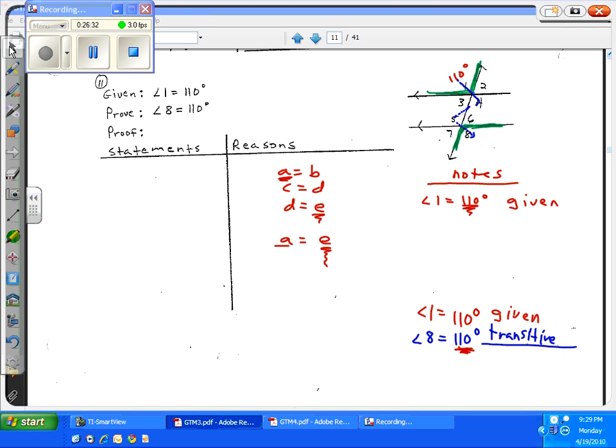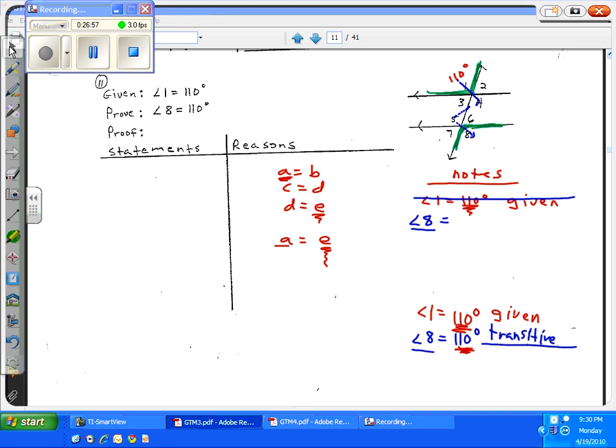So if I'm going to prove it by transitive, then what I need to do is end up with the 110, and I need to start with the angle 8. So I've got to kind of think backwards.